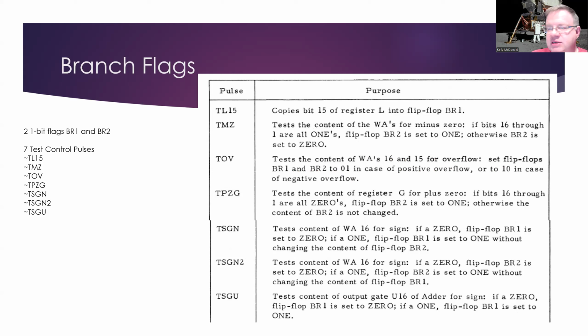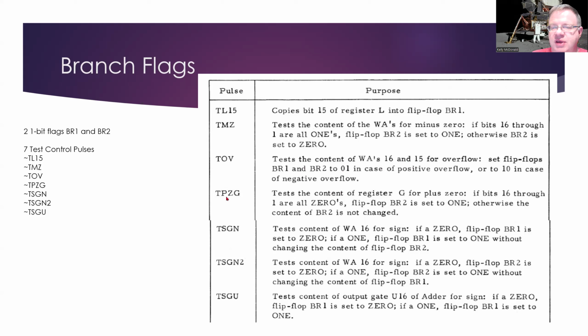So in the case of a positive overflow, bit 16 will be 0 and bit 15 will be a 1. In the case of a negative overflow, bit 16 will be 1 and bit 15 will be 0. So those are the 2 conditions. Essentially, we're almost writing the contents of 16 and 15 into the BR1 and BR2.